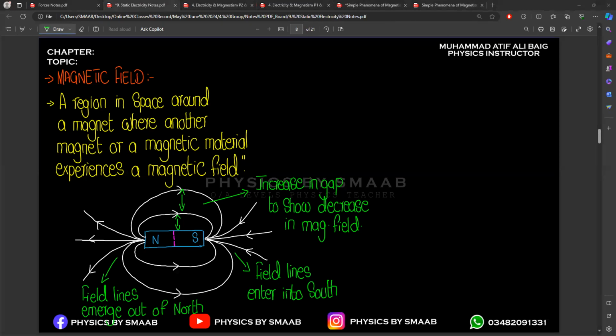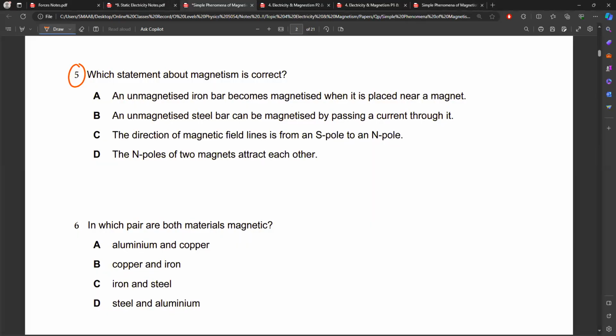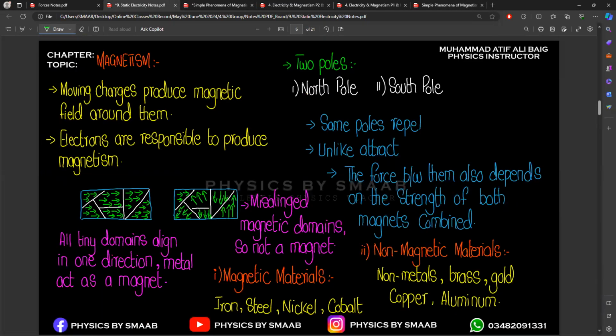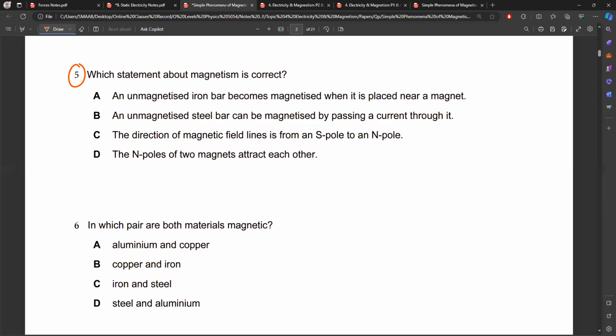I got another answer, which is option A. It discussed moving charge. Moving charges means electric current. When charge starts to move, definitely they will produce electric current. And in option A, it is mentioned an unmagnetized iron bar becomes magnetized when it is placed near a magnet. So this is another option.